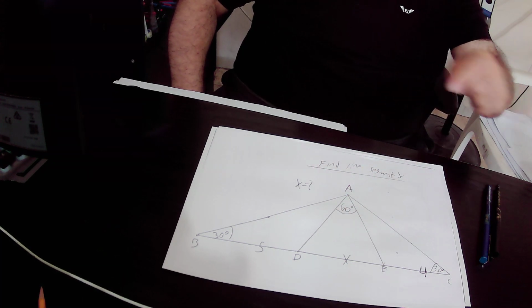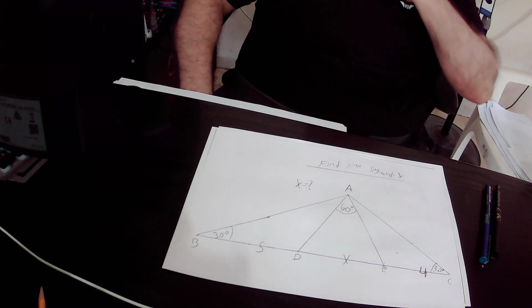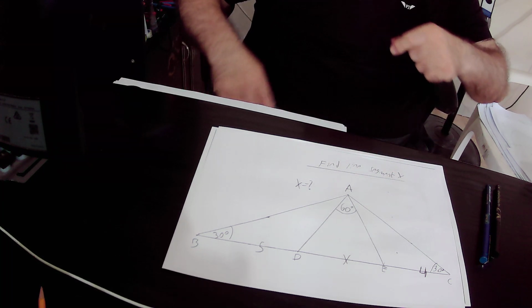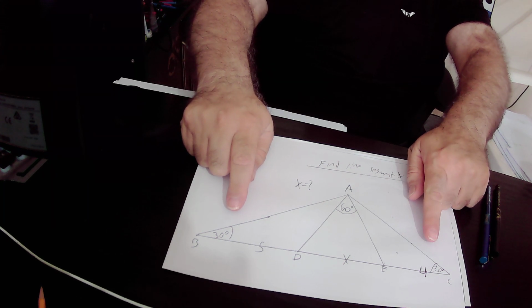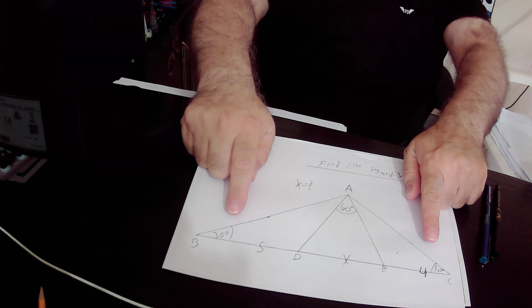So first of all, we'll focus on triangle ABC. Actually, triangle ABC is an isosceles triangle, because those two angles are equal to each other.